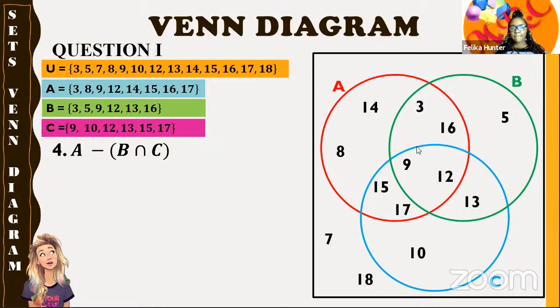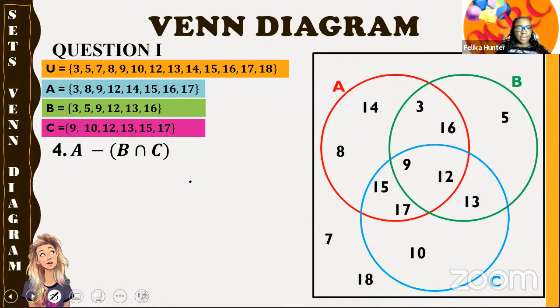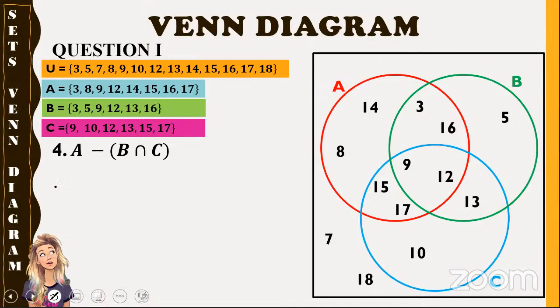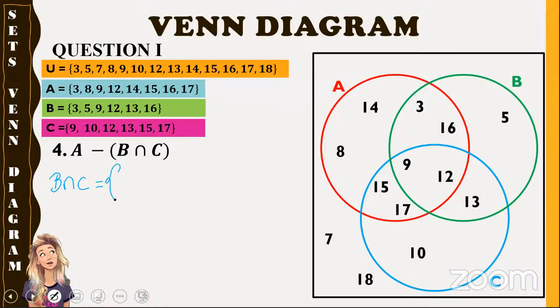Let me say, working it down first, what is A and what is B. So you're doing B intersect C first.